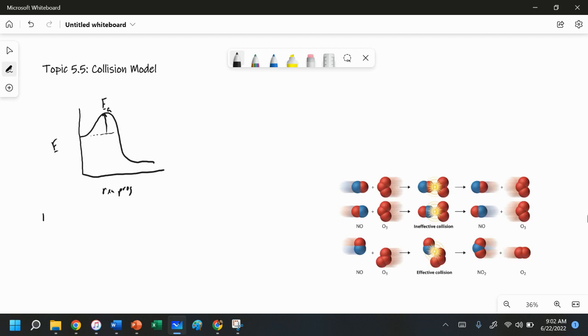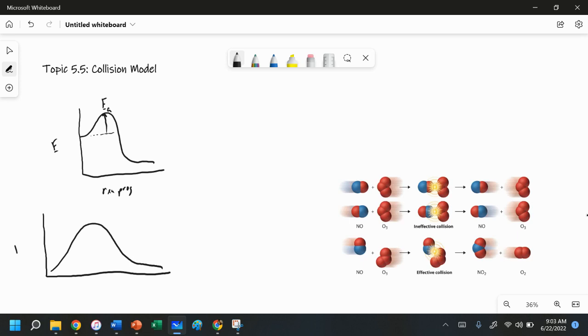One way we can represent the number of particles that have the energy sufficient to do this is what's called a Maxwell-Boltzmann diagram. A Maxwell-Boltzmann diagram or distribution simply shows the distribution of particles at a given temperature and how much kinetic energy they have.